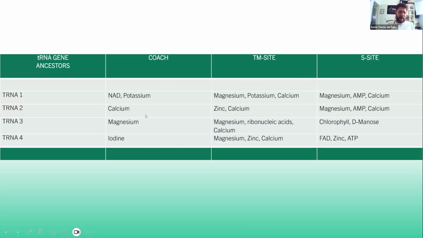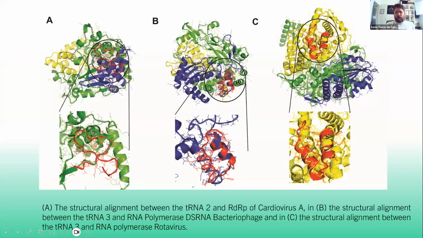It's very interesting because all algorithms predicted that this ancestral sequence binds magnesium, and magnesium is the modern cofactor of this enzyme. We also did a structural alignment between the ancestral structure and the modern structure, and to our surprise, it's practically the same, the structure of the ancestral molecule and parts of the modern molecule.